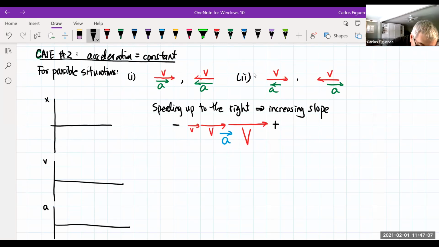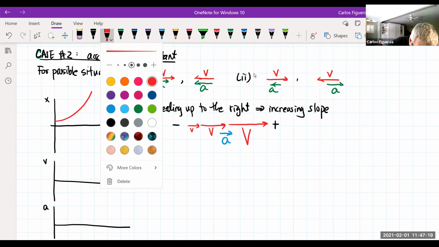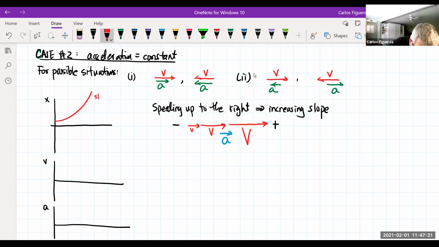So if I'm increasing slope, I'm looking at my velocity and it should be constantly curving up like this here, right? So the slope constantly increases positively.